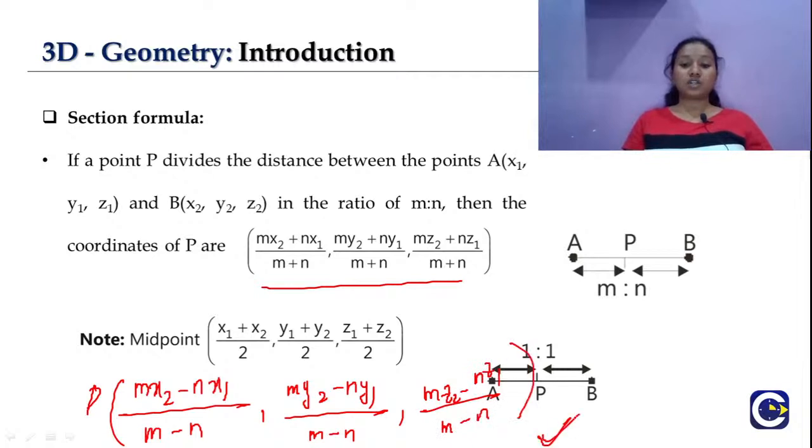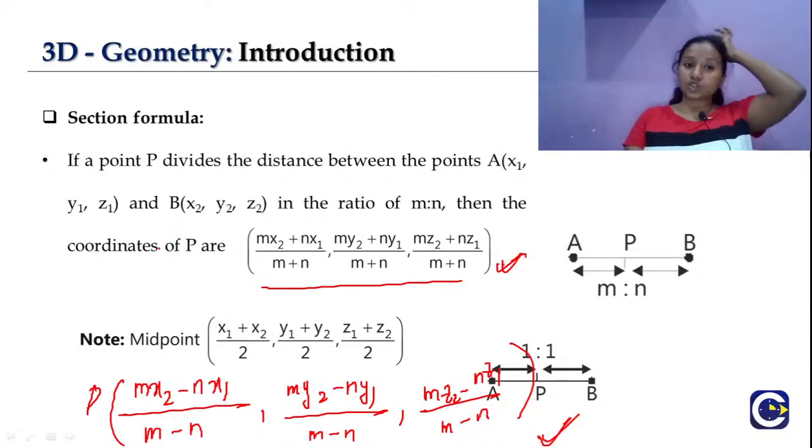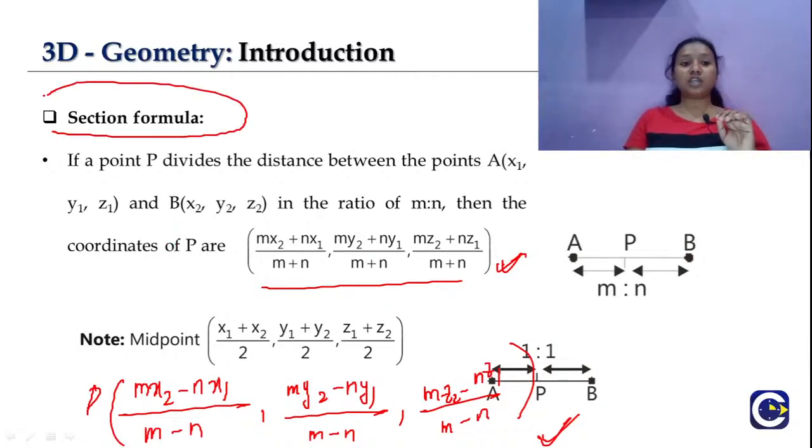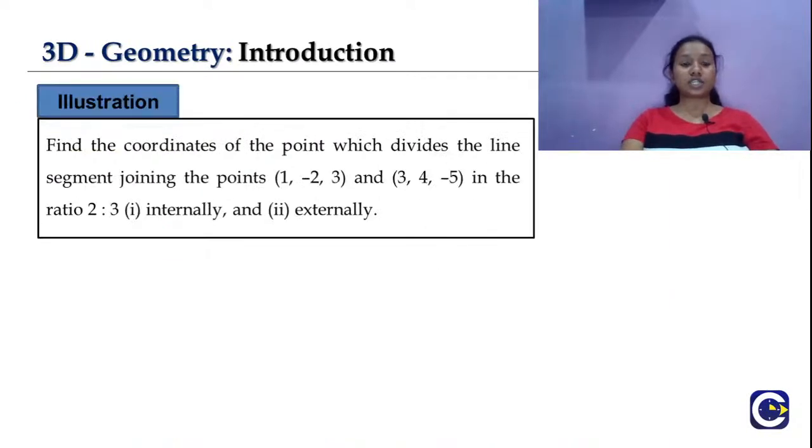So this is for the external division and this will be for the internal division. Right. So there is nothing new. The same concept which we have seen in our straight lines. So let's start doing questions which are related to the section formula. The first question is a direct question for both internal as well as external division here. So quickly solve this and let me know the answer.